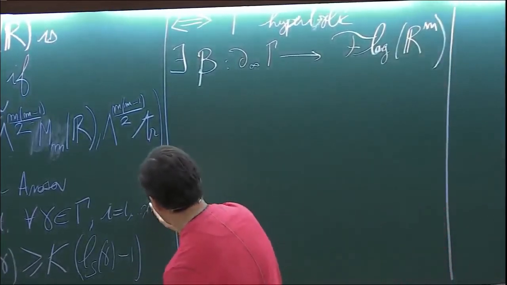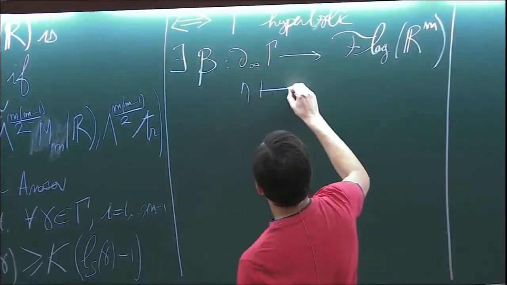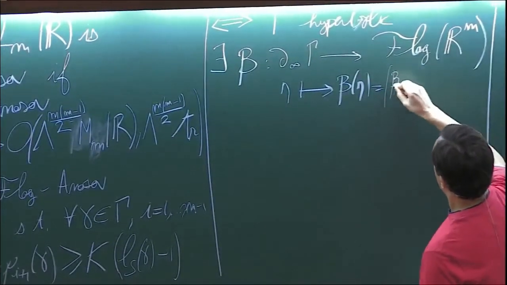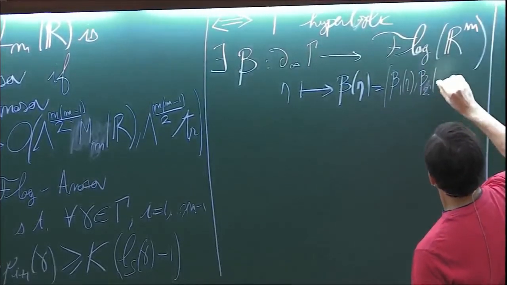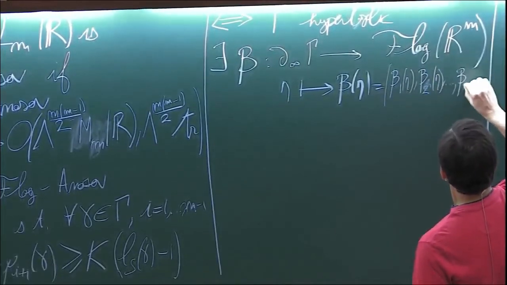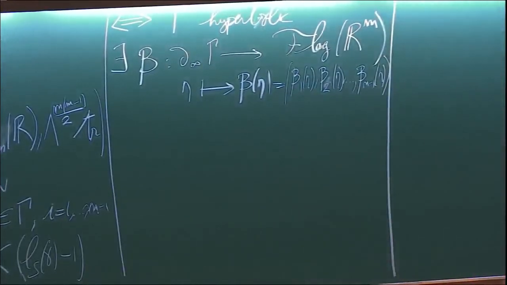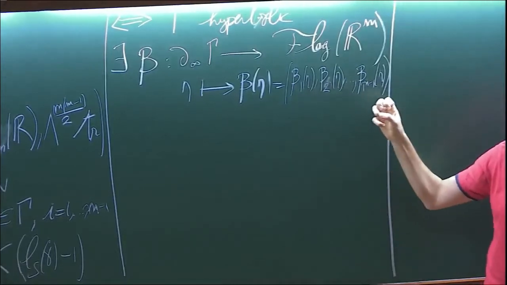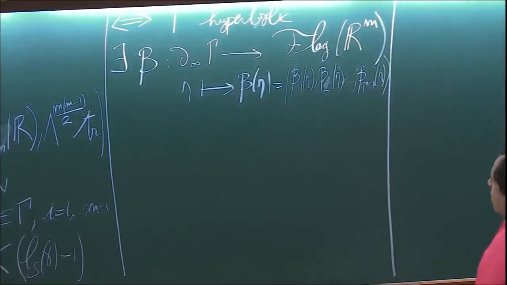So beta of eta is an (n minus 1)-tuple of spaces in R^m that are each of dimension its subscript, and they are all included in one another. Okay.